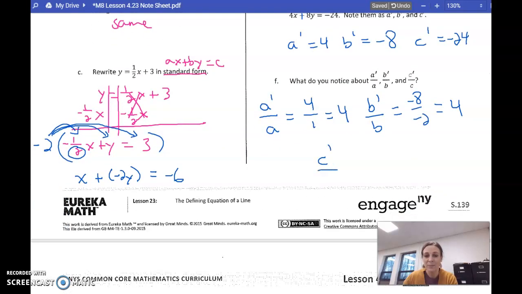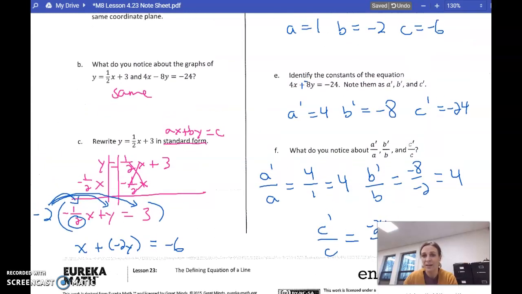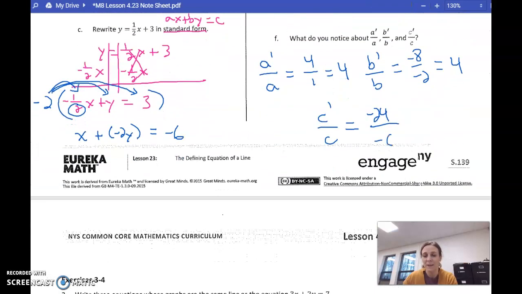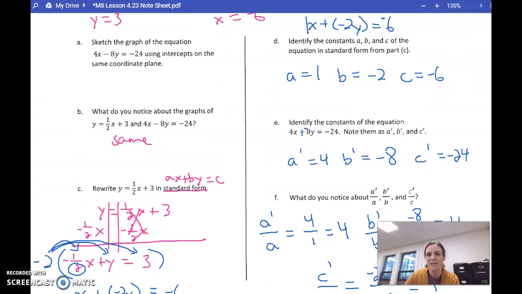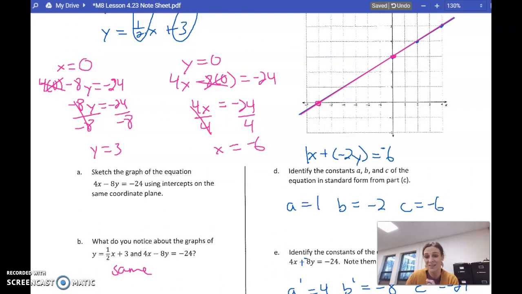And c prime divided by c is negative 24 divided by negative 6. Negative divided by a negative is a positive. 24 divided by 6 is 4. And notice they all work out to be 4. Basically, we could take this here and multiply it by 4 to get the same equation. The equation doesn't change, because the graph's the same.